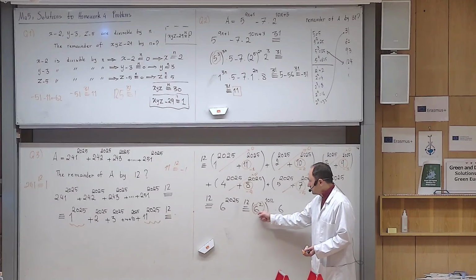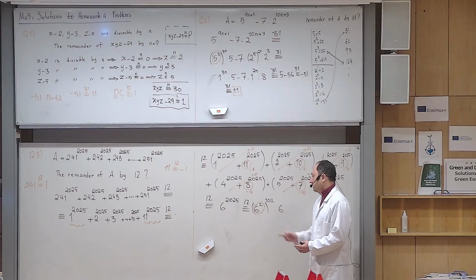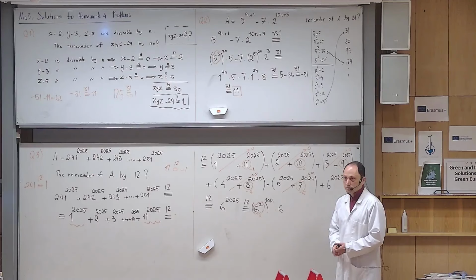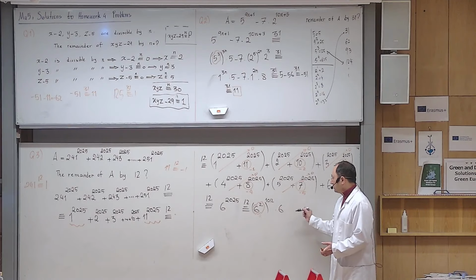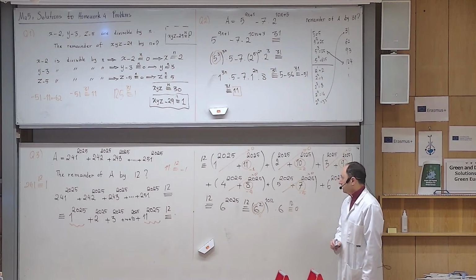0. Why? Because 6 to power 2 is 36. 36 is divisible by 12. When a number is divisible by a number, in that modulo, the name of this number is just simply 0. And then 0 to any power multiplied by 6 becomes 0 again. Yes?